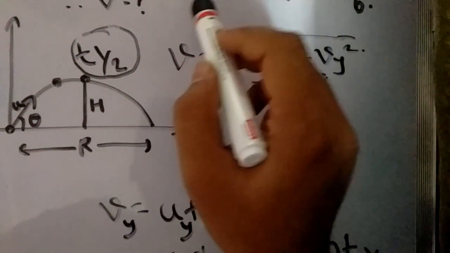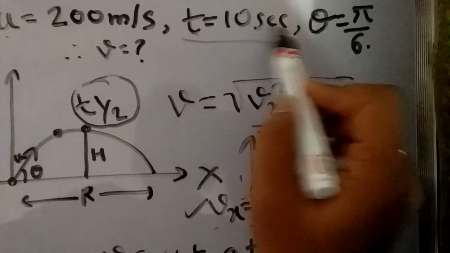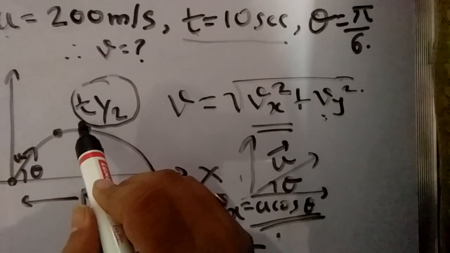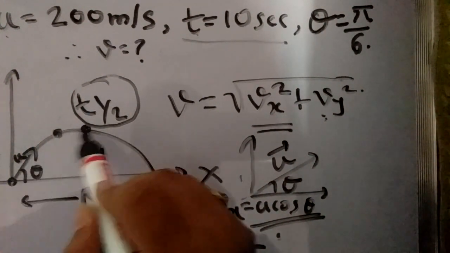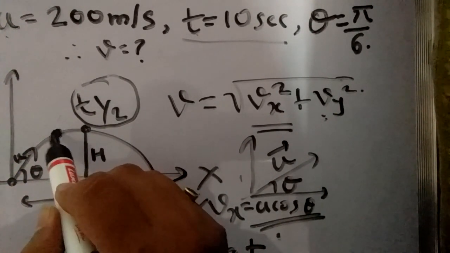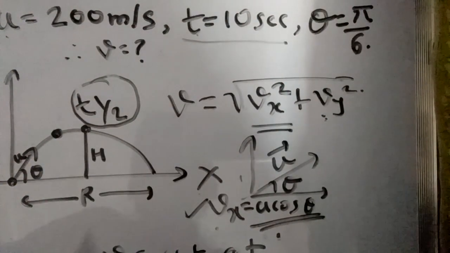Why? Because in the question we have been given t of 10 second, and we got t half as 10.2. So if this is 10.2, then 10 must lie in this range. So let's consider the position of the mass at this point, because this time is less than t half, which we got as 10.2.